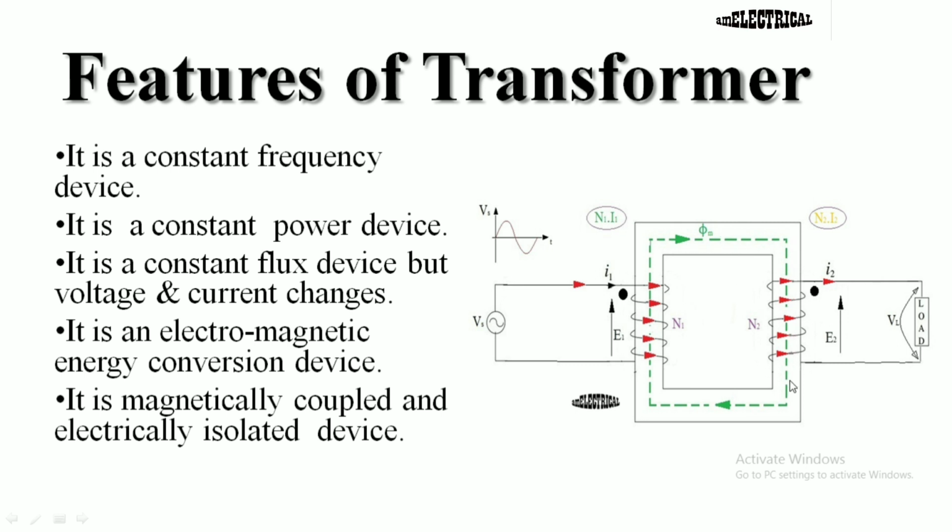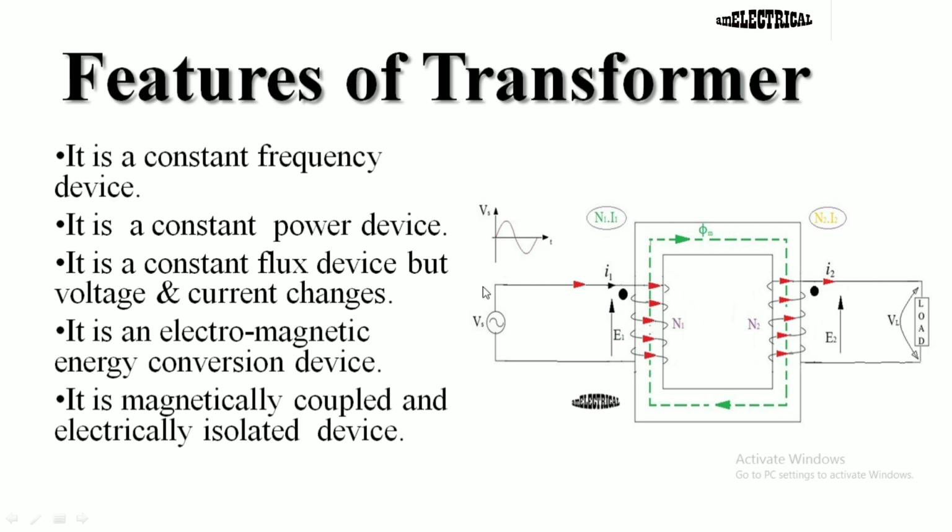It never changes. But the voltage and current change. That means in case of a step up transformer, the N2, the secondary number of turns, is more. So E2 is greater than E1, but I2 will be less than I1.